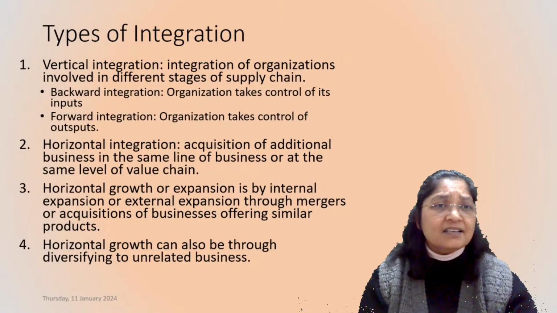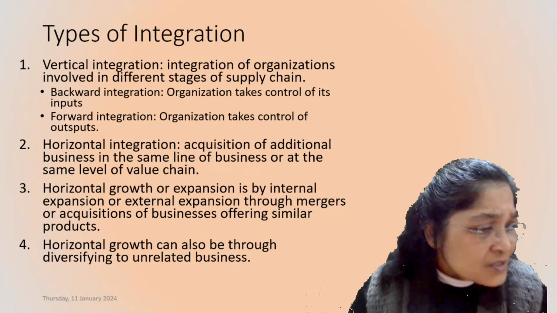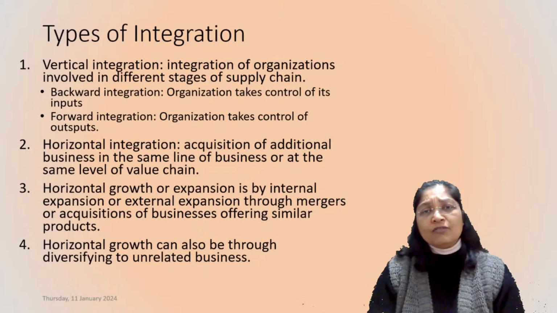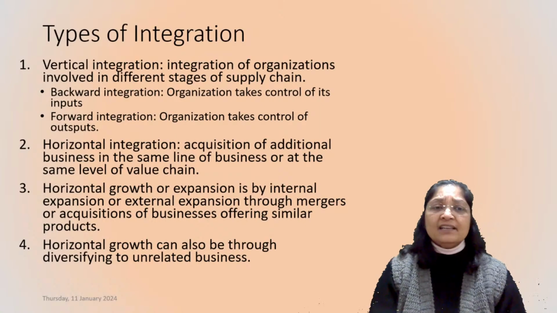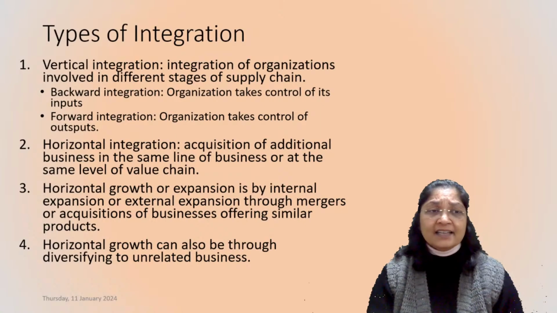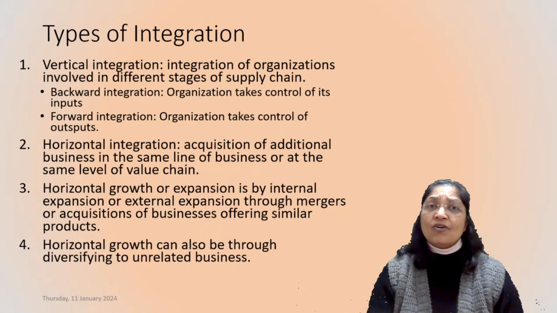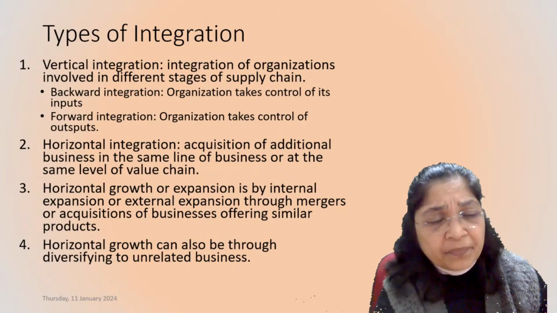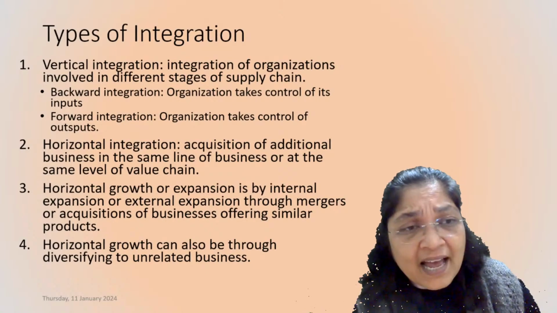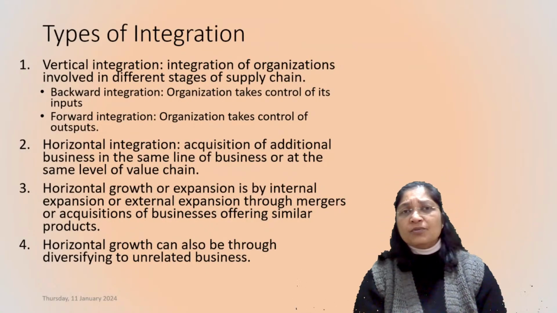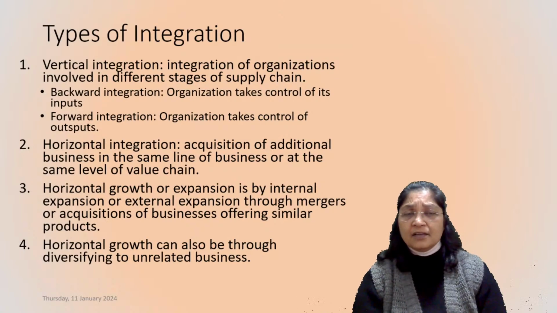Now, as I said, types of integration, how many kinds of integration do we have? We have vertical integration and we also have horizontal integration. Now, vertical integration could be backward or forward. Now, what is backward integration? As I said, the organization tries to take control of its inputs. That is, the organization tries to associate and expand backwards and associate with the companies which are providing the raw material inputs.